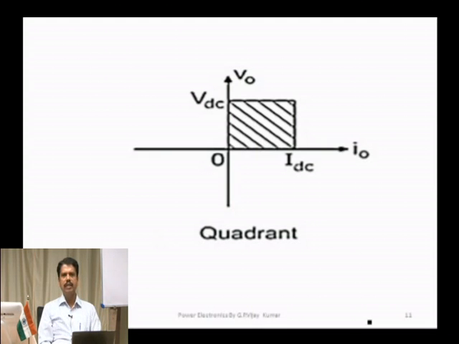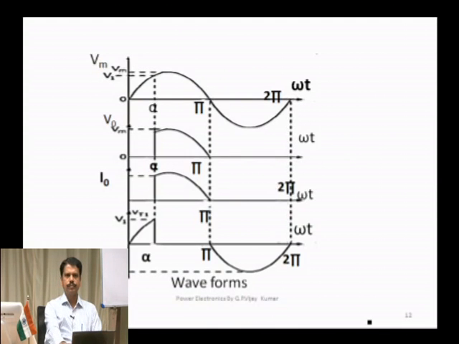The output voltage is positive and the load current will be positive. This type of converter has a high ripple because it conducts only in one direction during the positive half cycle, and during the negative half cycle there is no output voltage. It has high ripple content, therefore it is not used in industrial applications.